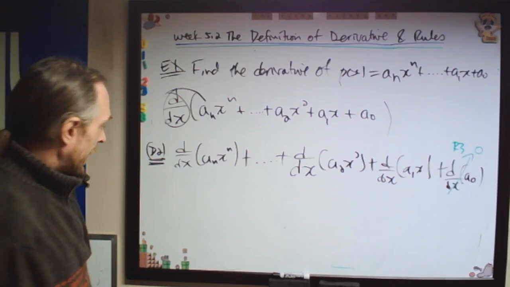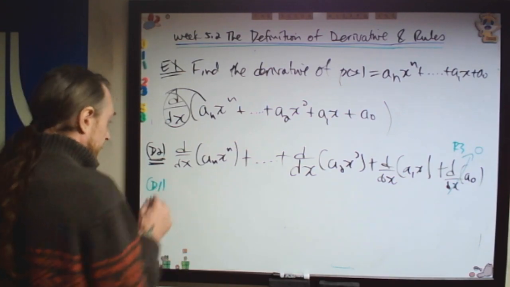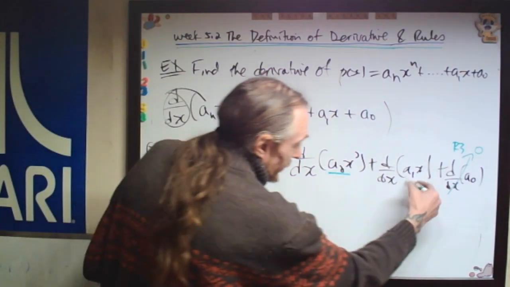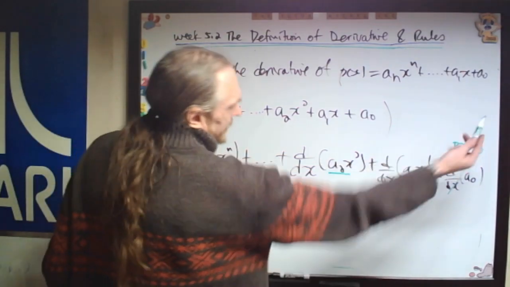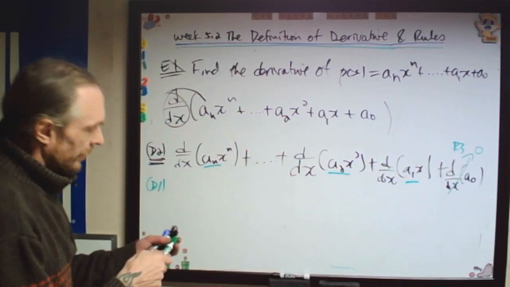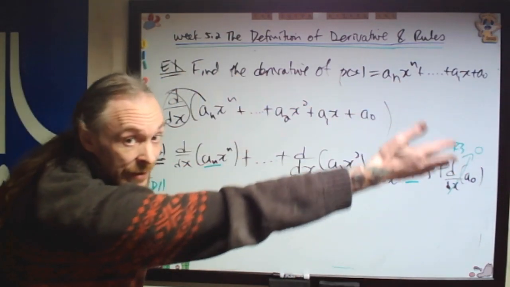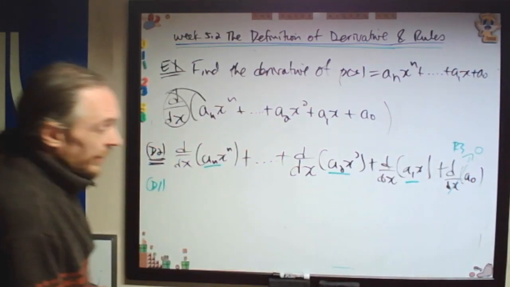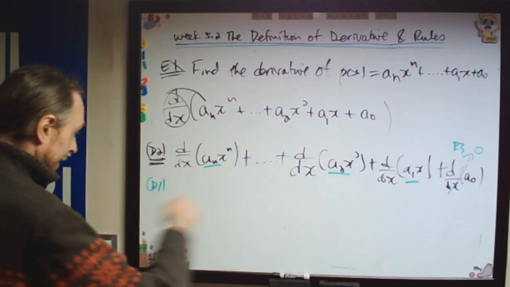Now what am I going to do? I'm going to use D1 to factor out all of these constants from inside there. So I cheated and used R3 to say that the derivative of a constant is 0. It goes away. So I split the sums. I said it's 0 because it was a constant. For every other term, I can split the constant out.